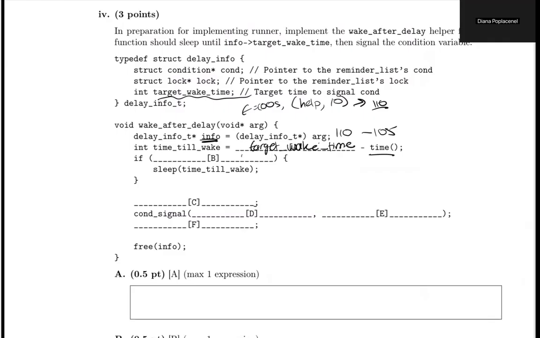Okay, so now we see we have an if condition, and if we enter that, we put the thread to sleep for the specified number of seconds that we just found. And we consider when would we want to put the thread to sleep. Well, if we still have some time to wait, we want to go to sleep until we should be woken up, right? So if I have 5 more seconds in this case until I want to print help, I should go to sleep for 5 more seconds.